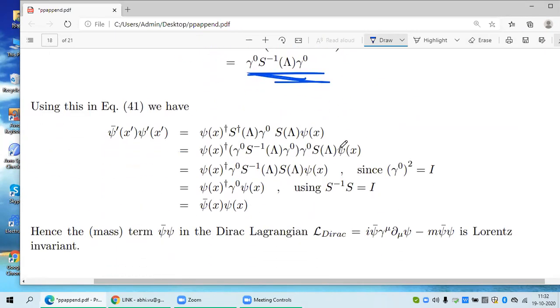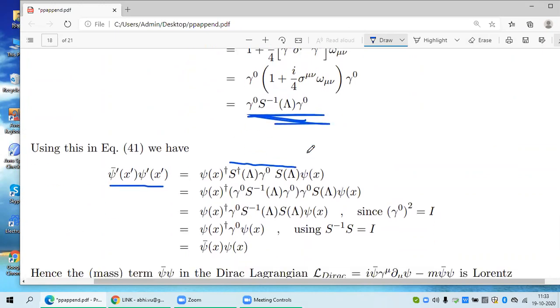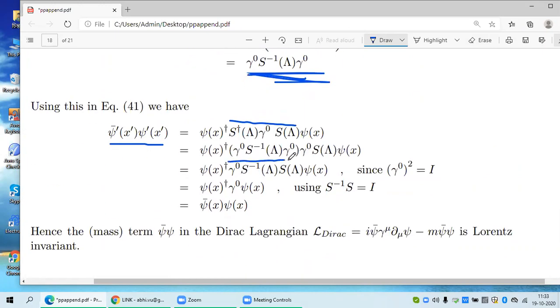So I again write the same equation, the transformation of psi bar psi, the Lorentz transform of psi bar psi, which is this equation written earlier. In place of S dagger, I now put this bracketed term, and I keep psi.